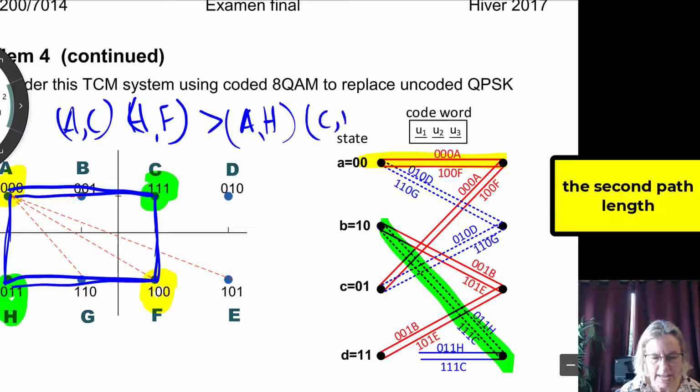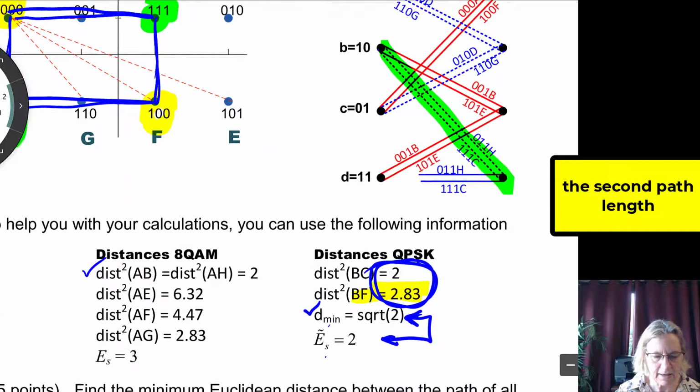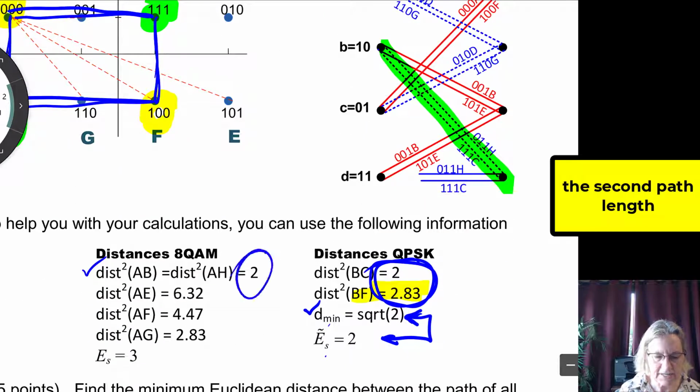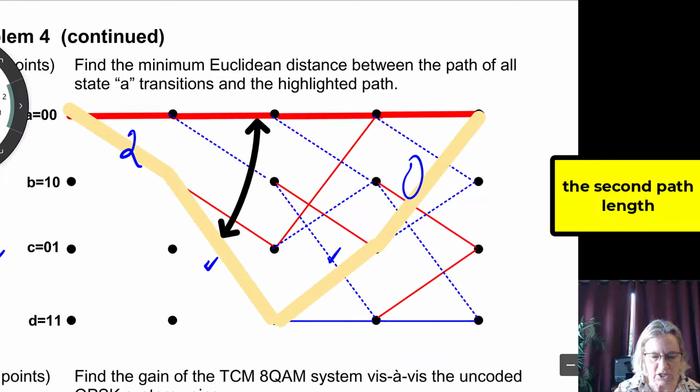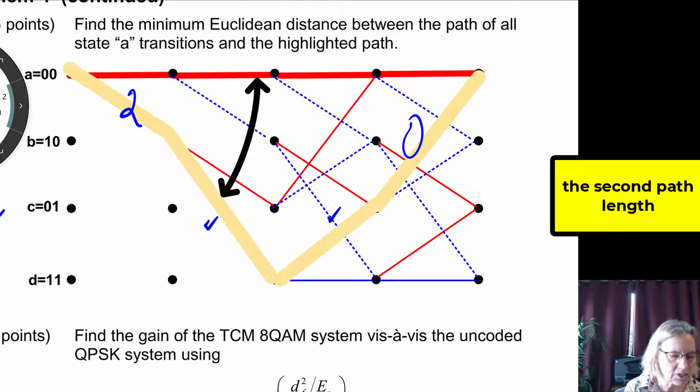Those two are the same. So I look down in my table and I say AH, that distance is 2. So I know that for this transition, I also get a 2 for the B to D transition. So the last one is D to C.